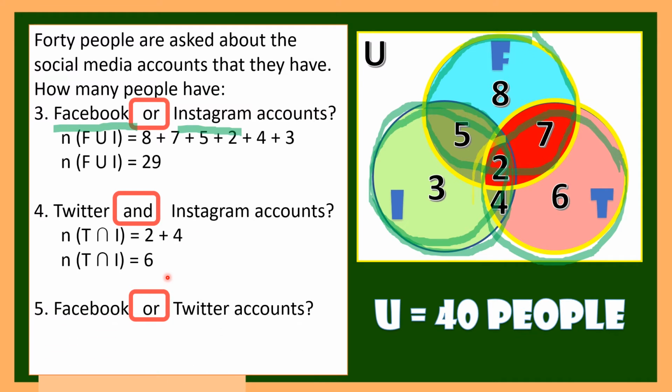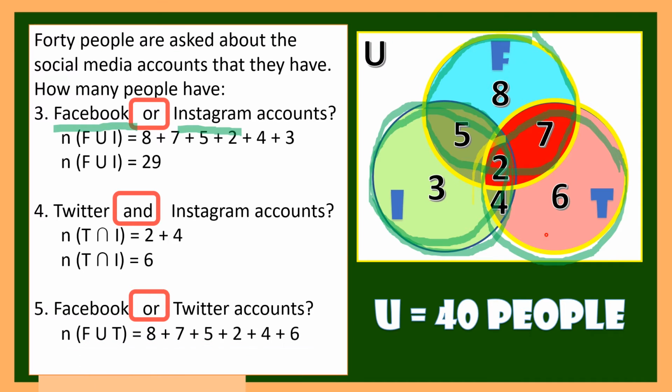Next, question number 5. How many people have Facebook or Twitter accounts? So, just like the problem number 3, ang hahanapin natin dito is union. Since, as you can notice, ang keyword natin dito is or. So, we're going to combine the elements from Facebook and Twitter.